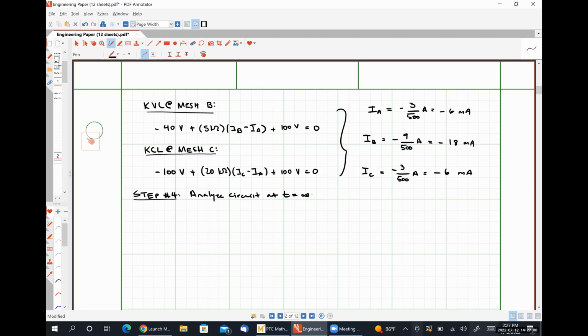So at t is equal to infinity, our switch is closed and our circuit is at DC steady state. So that means we are going to have a circuit that looks something like this. Here is our 10 kilo ohm resistor.